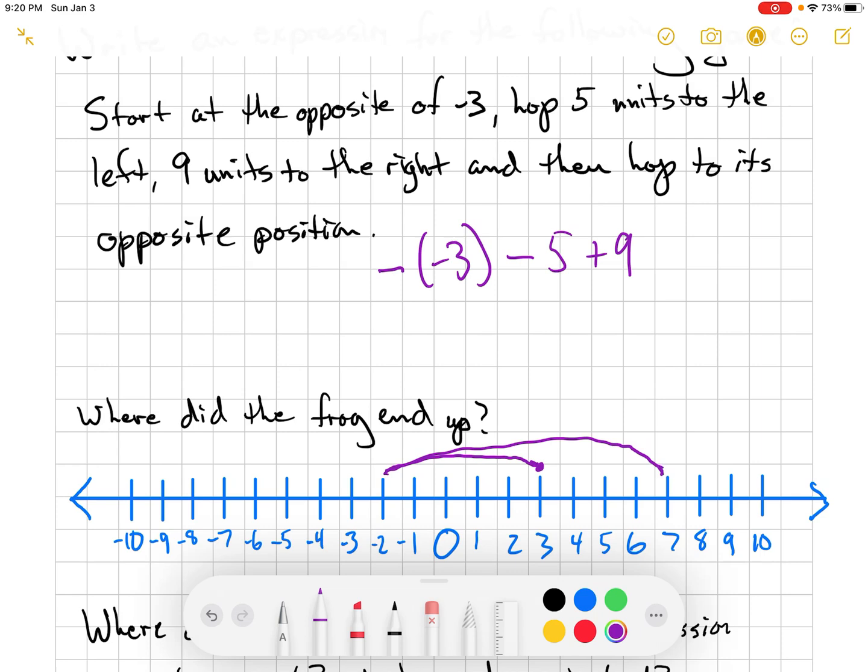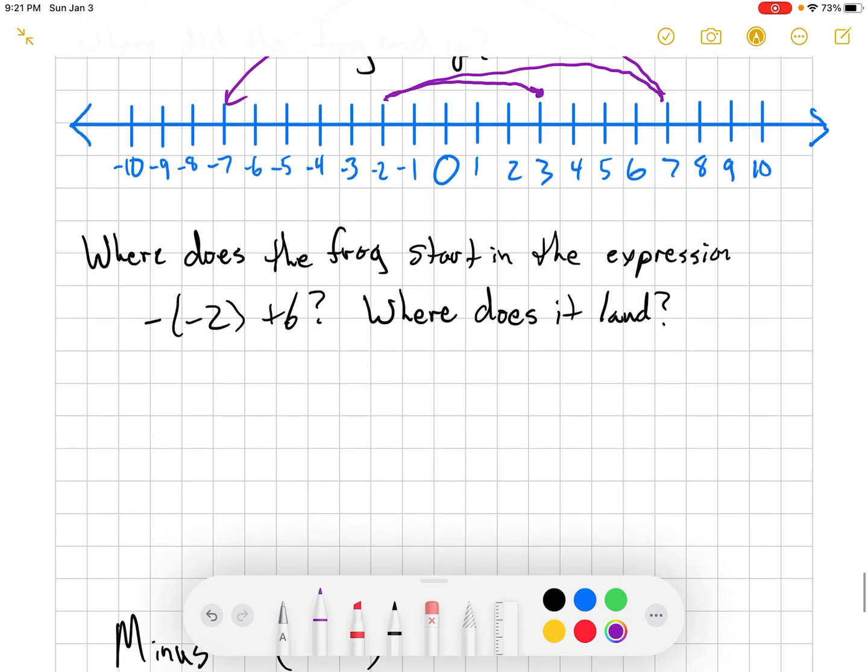Well, the opposite position is all the way here to negative 7, right? There, so we got to put all of that together at the same time, right? I'm talking about the opposite of the opposites, the movements to the right, to the left, and all of the opposite positions.